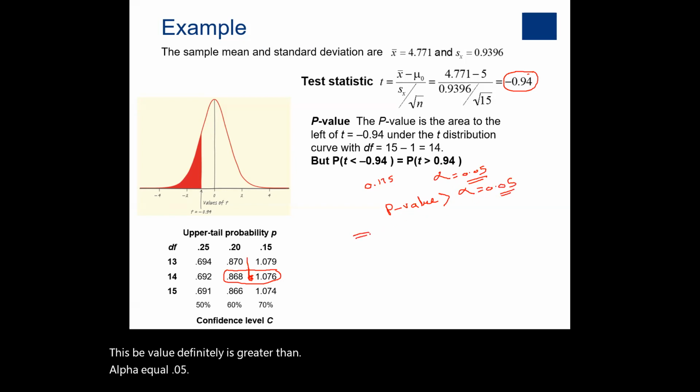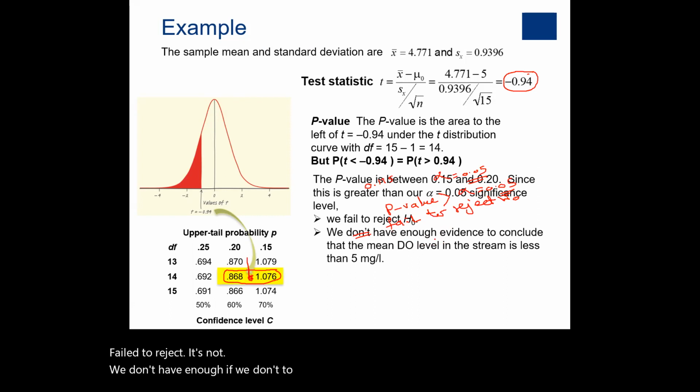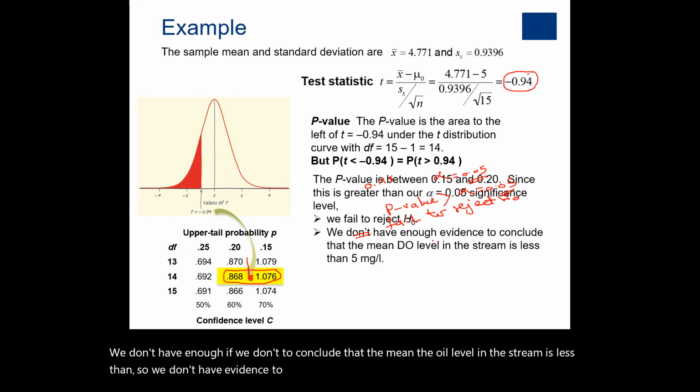So we fail to reject H naught. And we don't have enough evidence to conclude that the mean DO level in the stream is less than 5, so we don't have evidence to conclude that life is at risk.